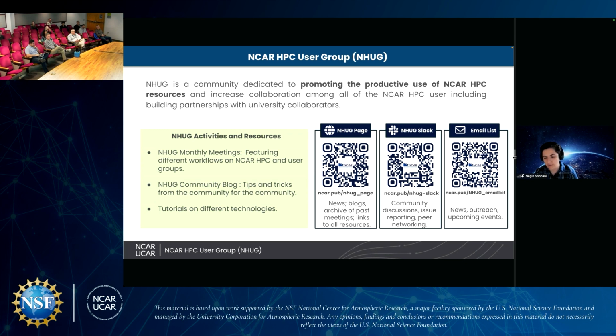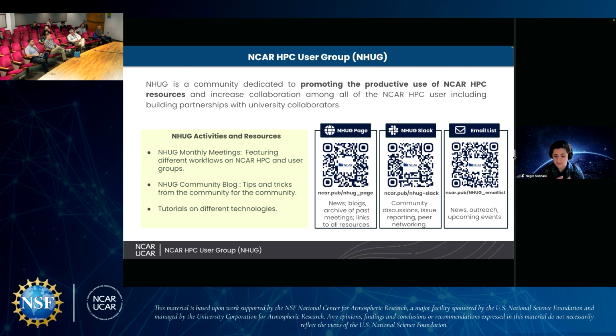So at NHUG, we have monthly meetings with different users and different teams providing updates on their workflow, their models, and what they are running on our HPC systems. We also have a community blog that's open for anyone to contribute to share best practices, tips, and tricks on our HPC systems. We also hold different workshops and tutorials.